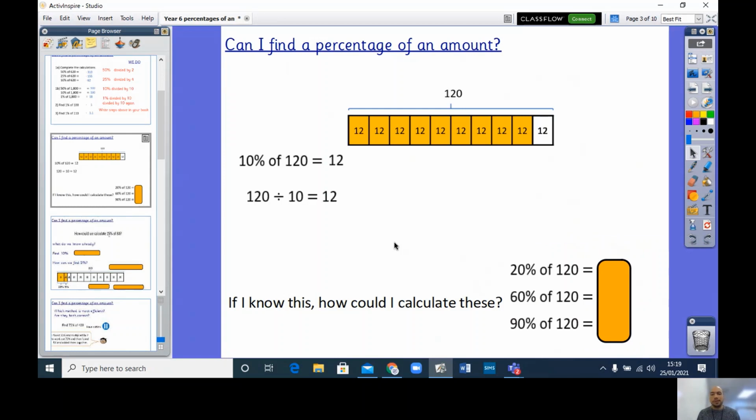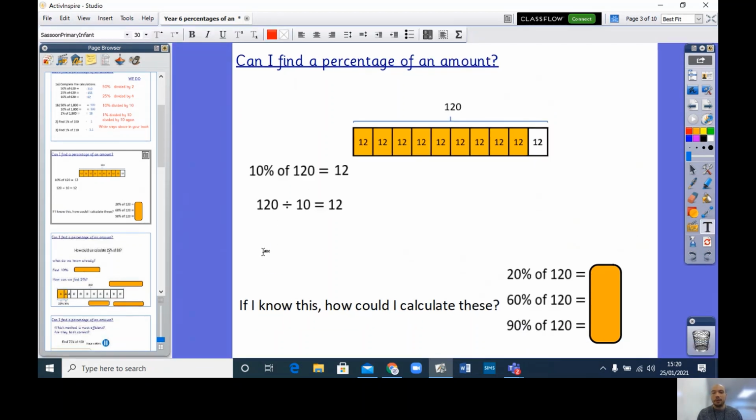20% of 120. So this is how we work it out. When we're looking for 20%, I want you to find 10% first. So your first step is to find 10%. 10% of 120 is 12. So we've got 10%, but I know what you're thinking.